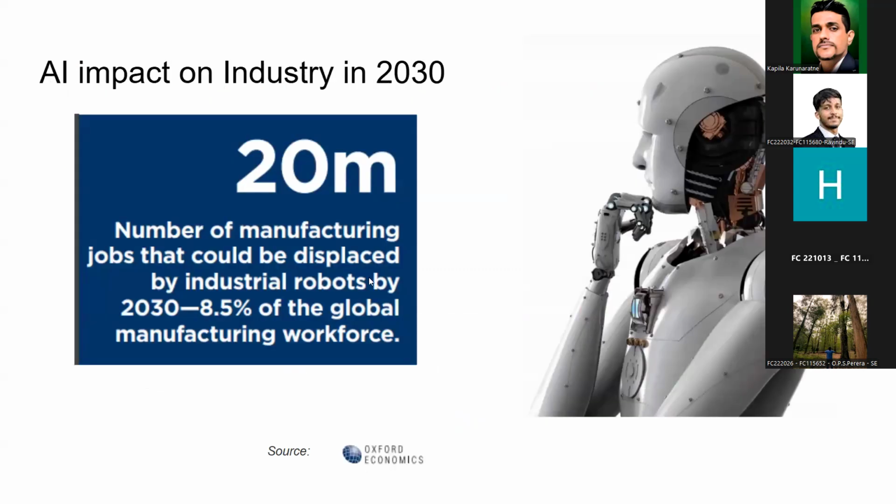But at the same time, when I was doing further research, I found this from Oxford Economics. Based on their research, by 2030 there will be a 20 million job reduction, which is nearly 10% of the global manufacturing workforce.